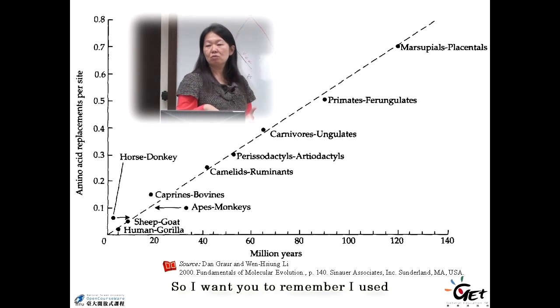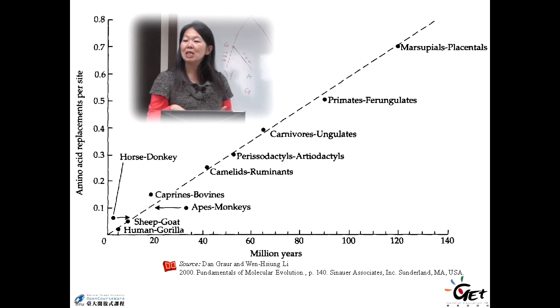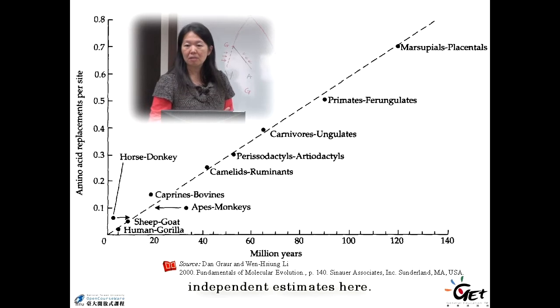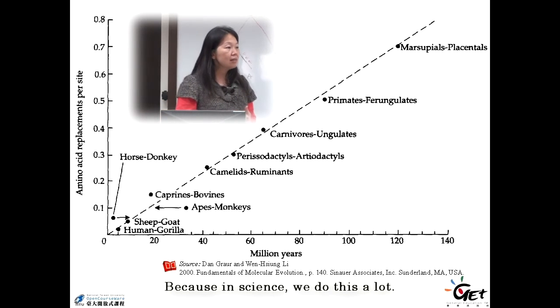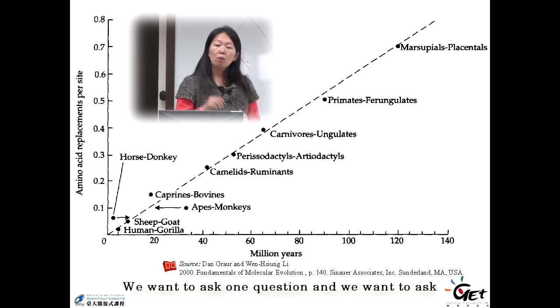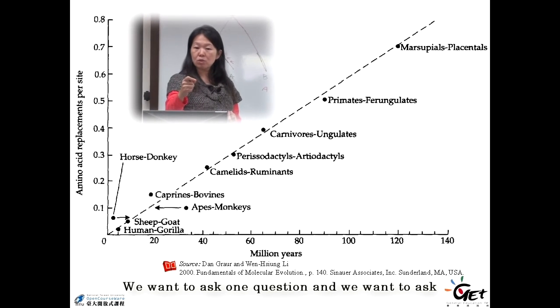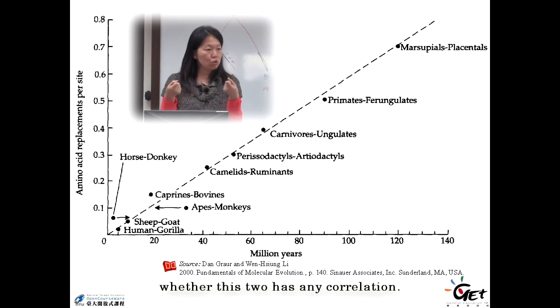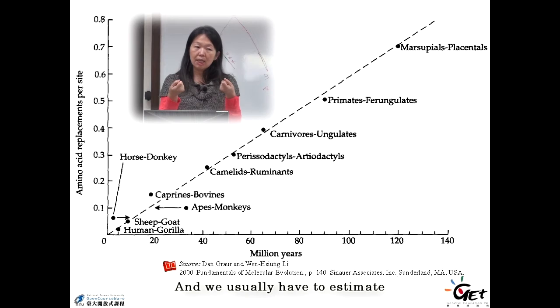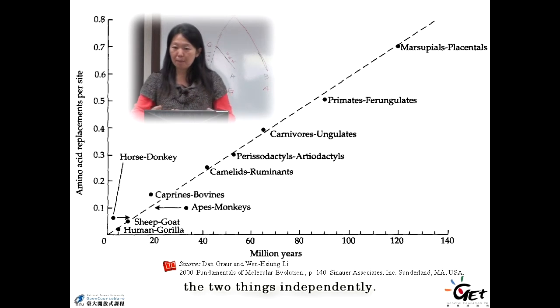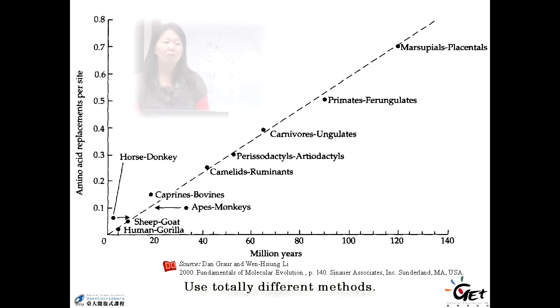I want you to remember that I use independent estimates here, because in science we do this a lot. We want to ask whether two things have any correlation, so we usually have to estimate the two things independently, using totally different methods.